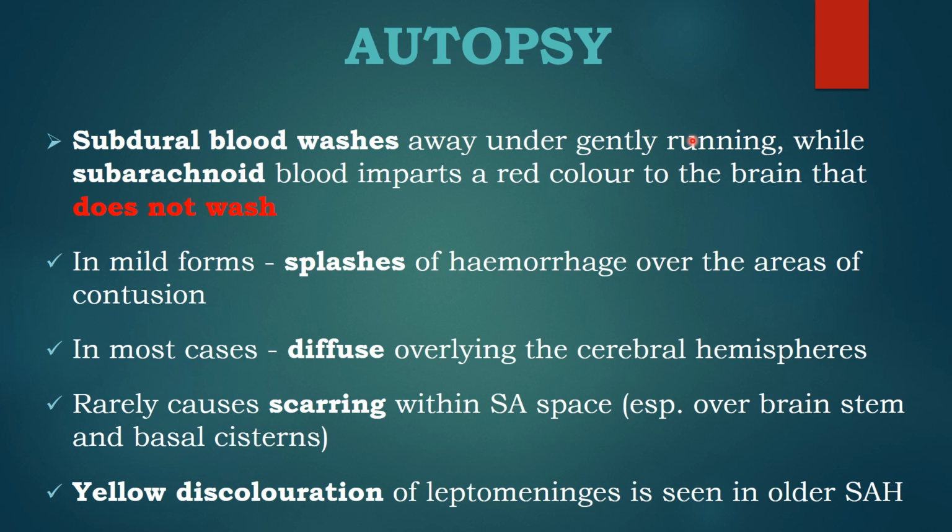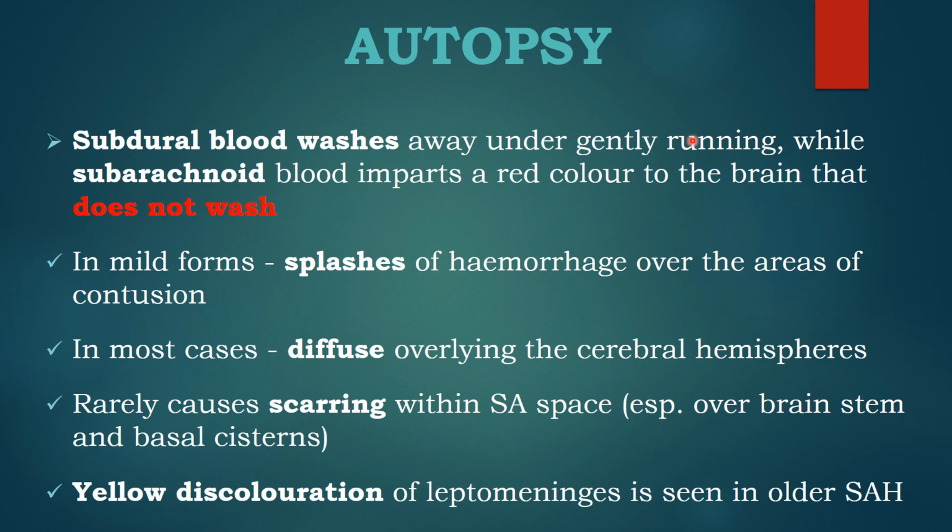And number two, you cut the brain by sagittal section in the middle and look at the sulci. As I said, the arachnoid matter dips into the sulcus, and subarachnoid hemorrhage is beneath arachnoid matter. So if there's blood within the sulcus, that means it is subarachnoid hemorrhage.